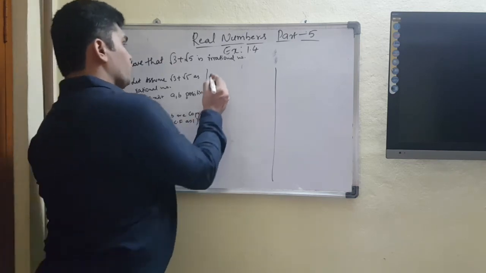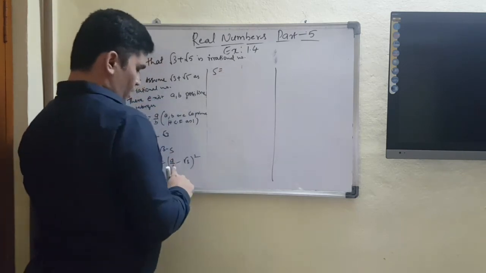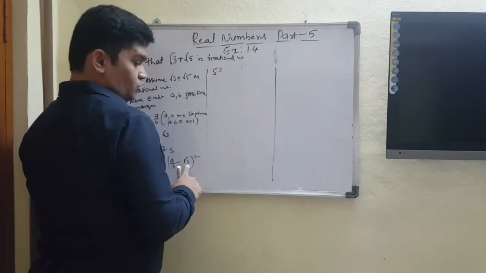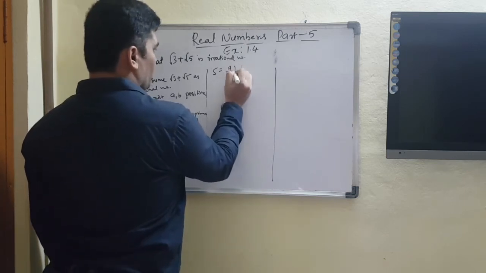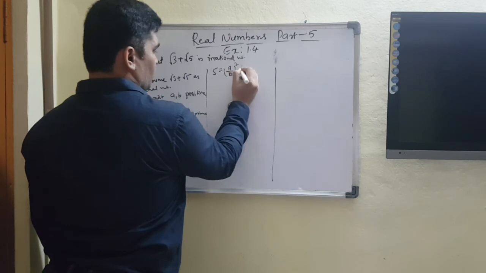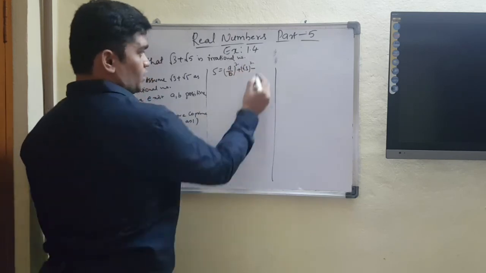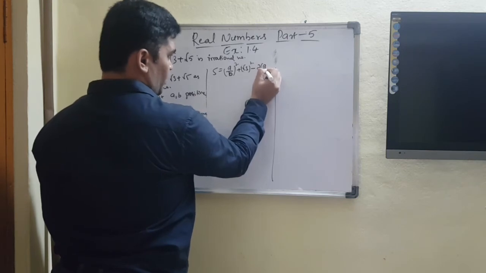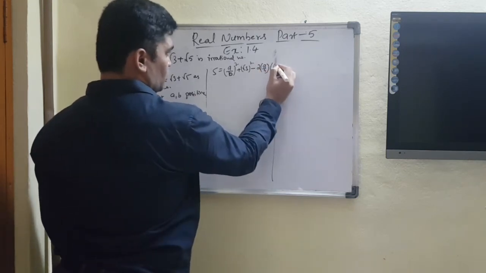So root 5 whole square will be taken as 5 itself. Now equal to a by b minus root 3 whole square, (a minus b) whole square formation, which will be a by b whole square plus root 3 whole square minus 2 into a by b into root 3.